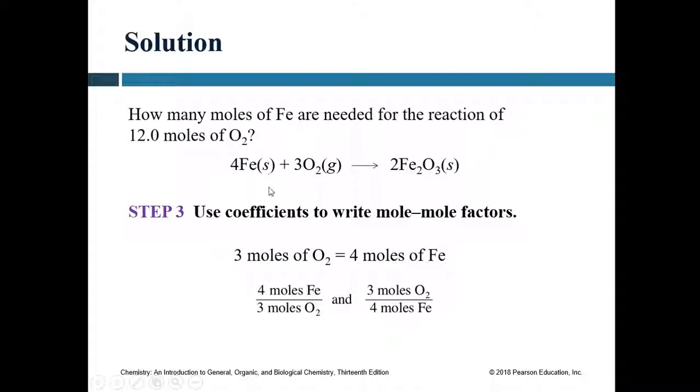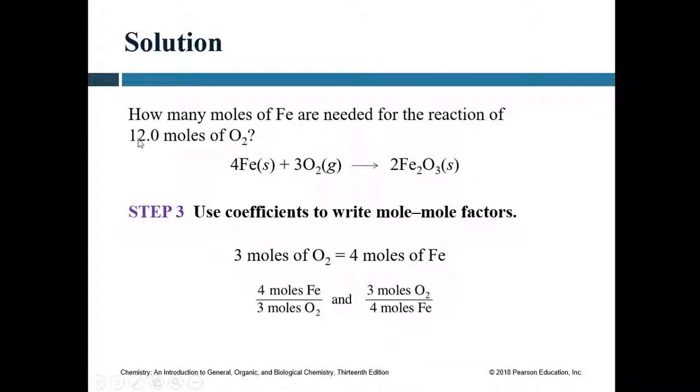So we are going from oxygen to iron. So here's our oxygen, the 3 moles of oxygen, and they're asking how many moles of iron do we need. So that's going to be 4 moles of Fe. So we have these different choices, 4 moles of Fe over 3 moles of O2, or 3 moles of O2 over 4 moles of Fe. Which one do we use?